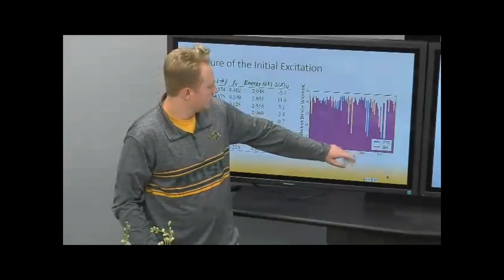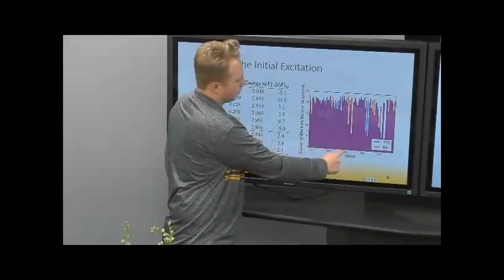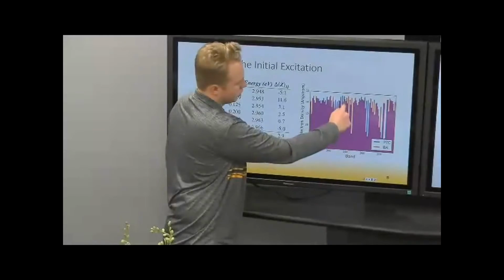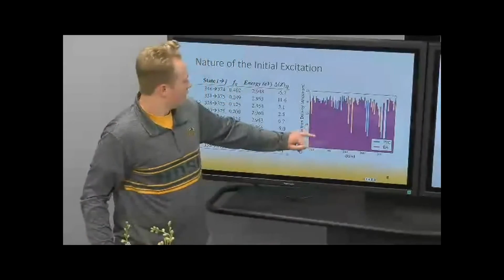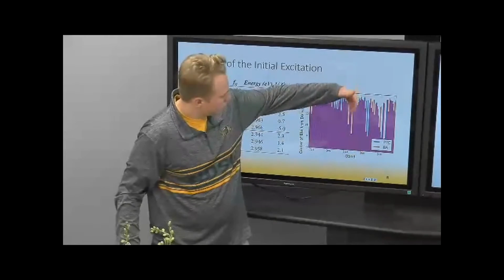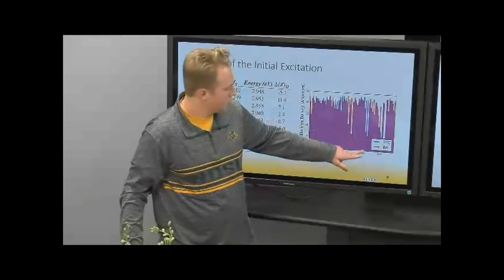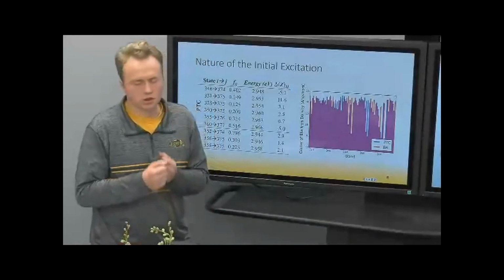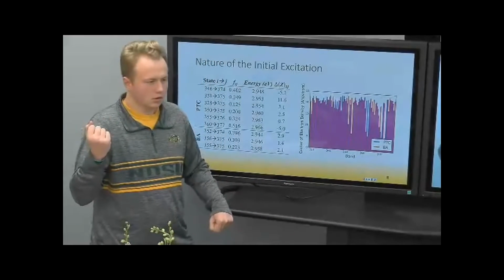And we can see that a lot of the PTC are excited, the hole is in this region. So the BA has to relax down to almost a HOMO level to be able to get a charge transfer state.